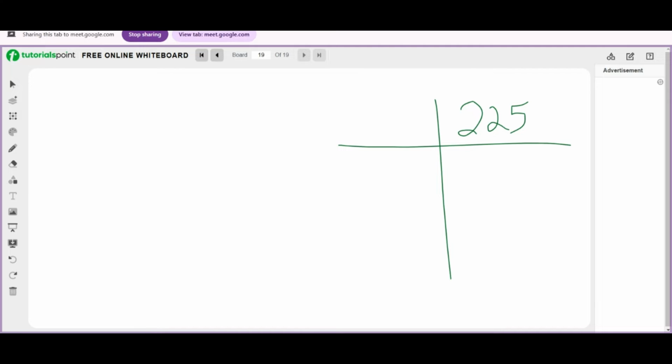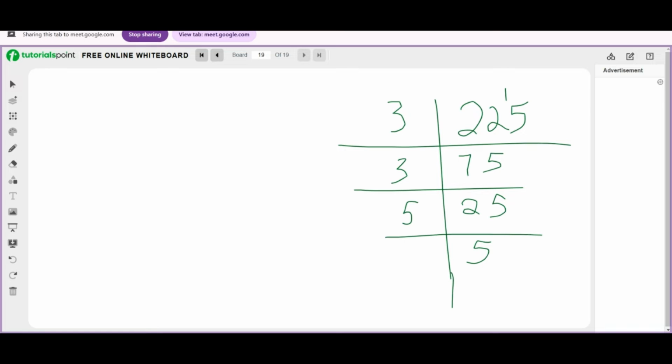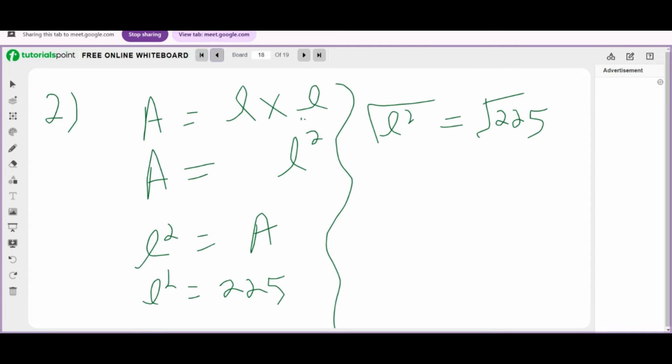You have to follow each step until you get the answer. Then you have to take the square root. So I think we have to start from 3. 3 7s are 21, and 1 carry here. 3 5s are 15, now 75. 3 2s are 6, 3 5s are 15, now 25. 5 5s are 25. 5 1s are 5.